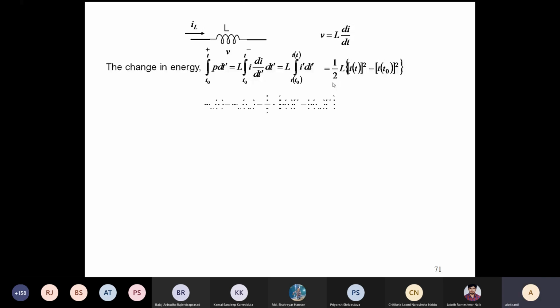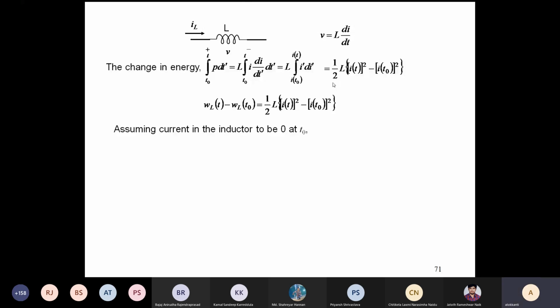So the change of energy: if the inductor at time t contains an energy WL(t), and if it was having some initial energy at t0 as WL(t0), then this change of energy is given by half L [i(t) square minus i(t0) square].